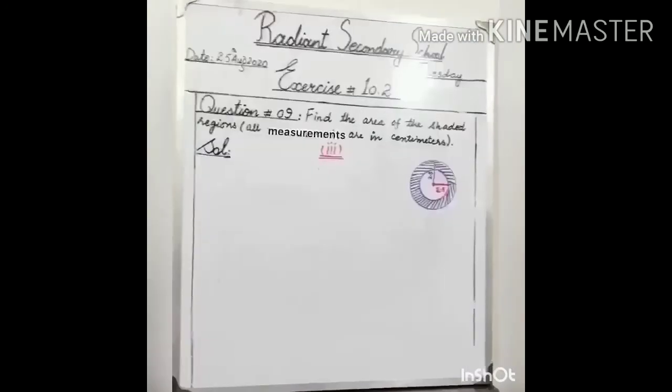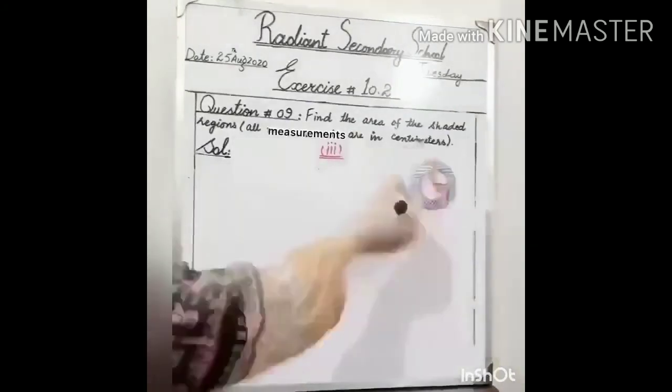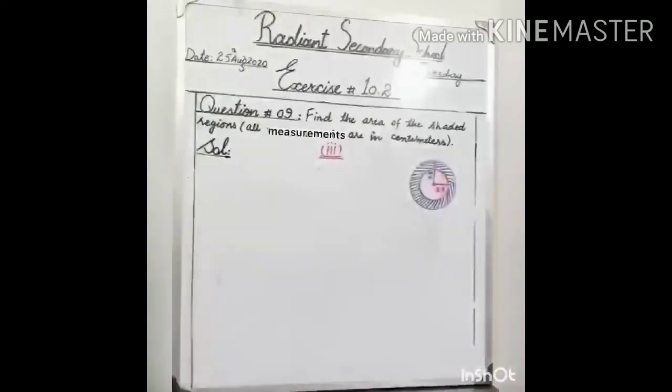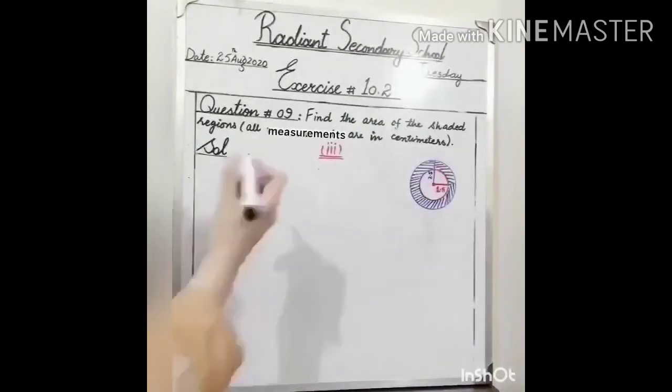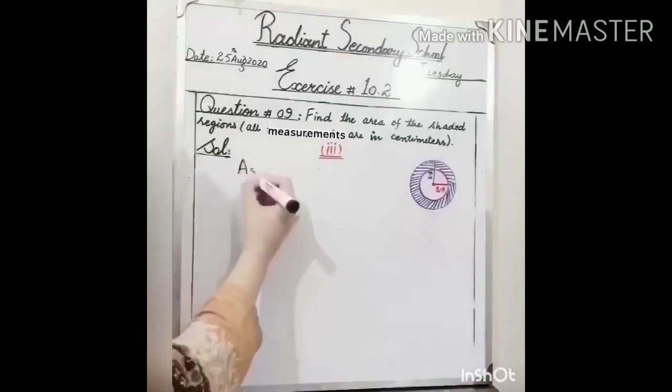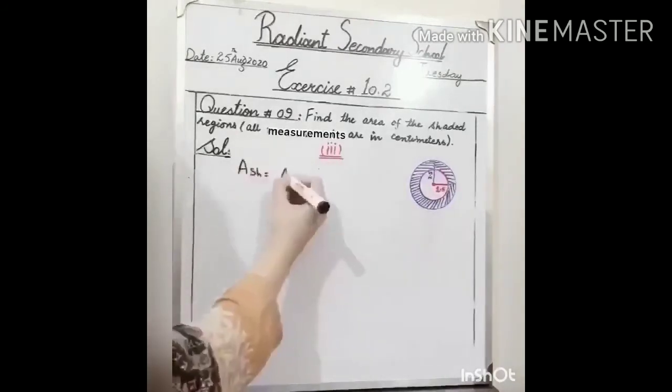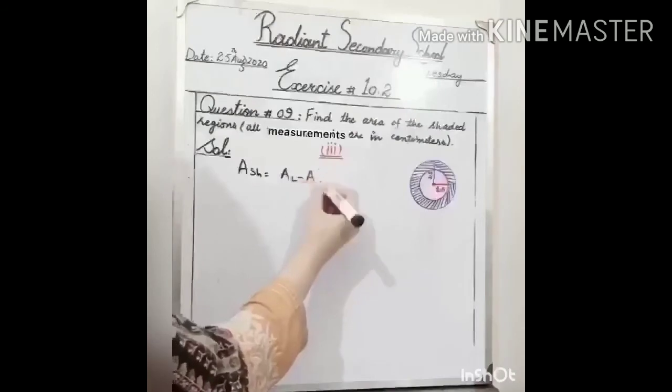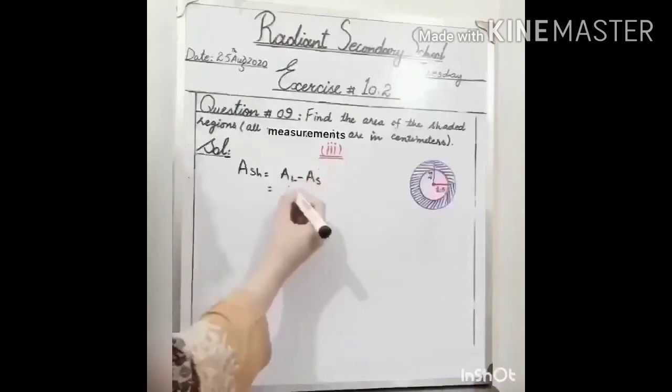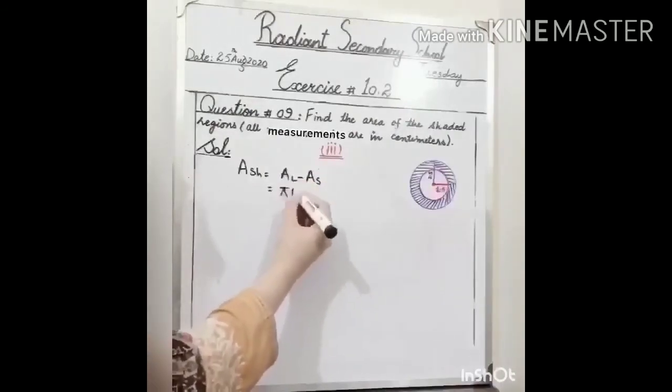In the third part, students, we have 2 circles. The radius of the inner circle is 1.5 and the radius of the outer circle is 2.5. To find the area of the shaded region, we write area of the larger circle minus area of the smaller circle. So what is the area of the circle? Pi r square.